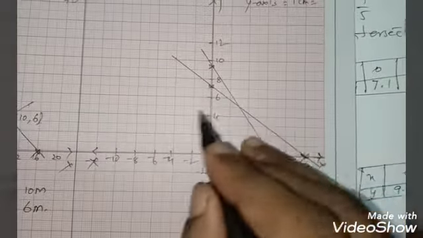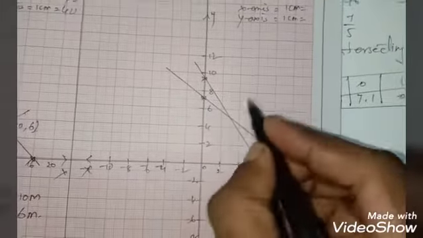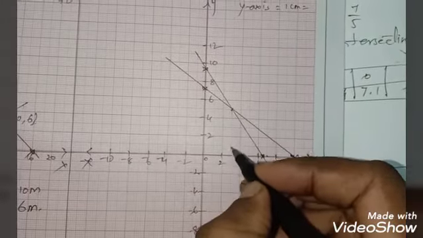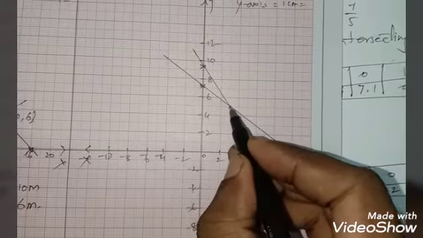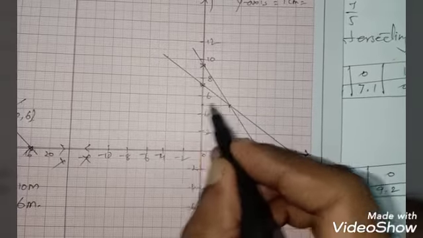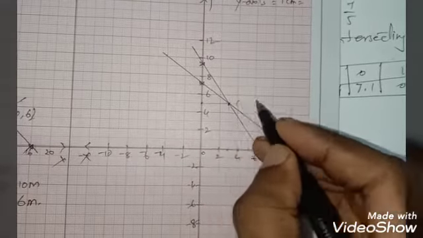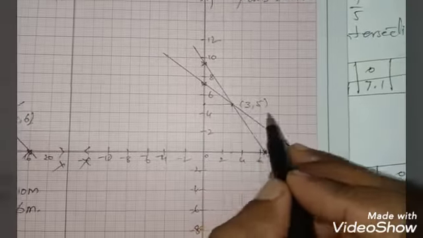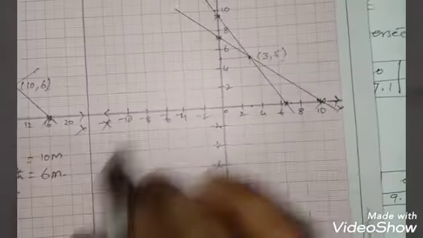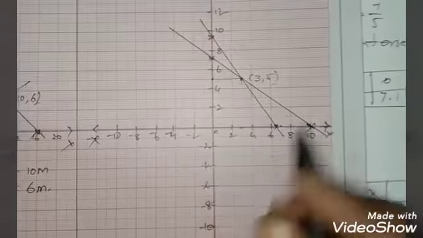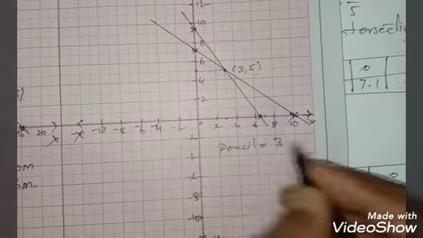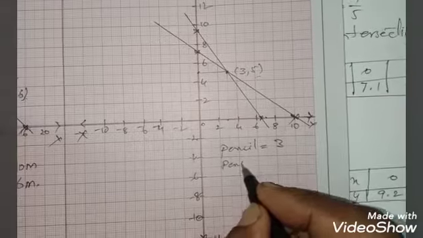After joining these 2 points, these 2 lines are intersecting at this junction. So this point is represented as 3 and this line is represented as 5. So I can write this as 3 comma 5, meaning these 2 lines are intersecting at 3 and 5. Here x represents the number of pencils. So the number of pencils is equal to 3 and the number of pens is equal to 5.